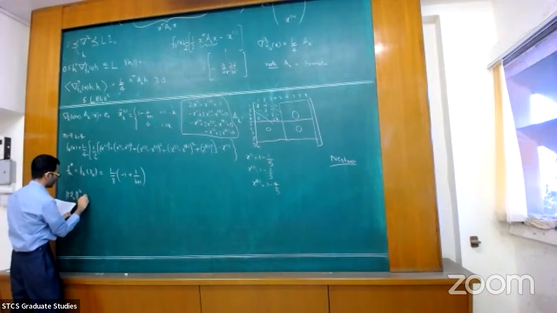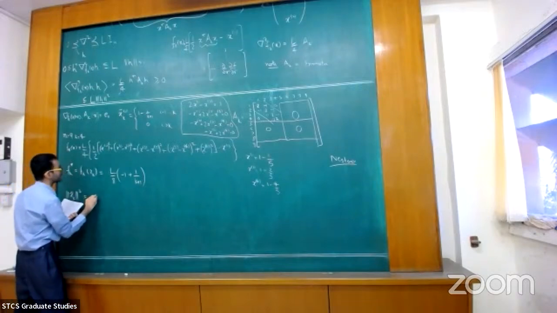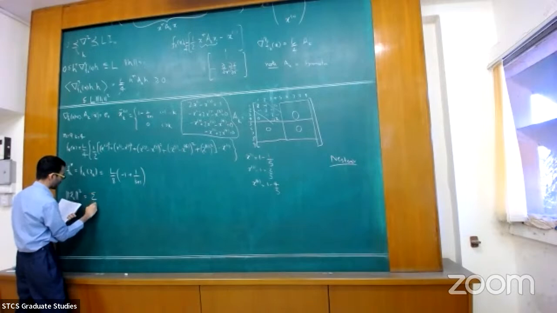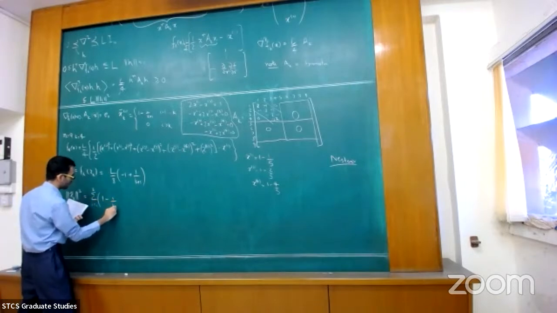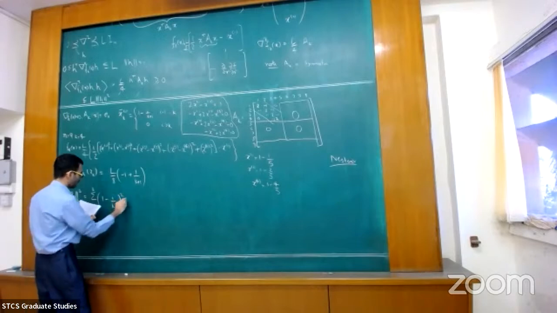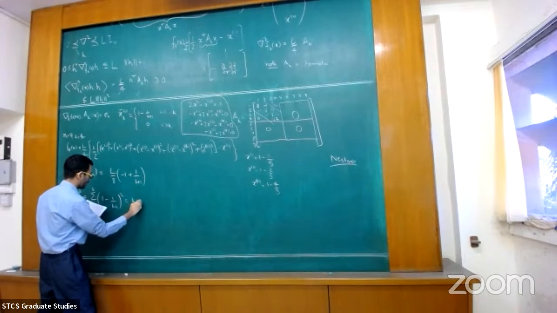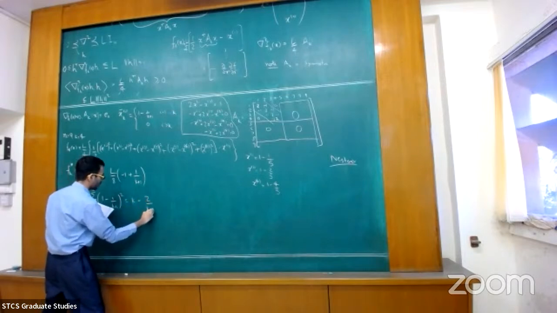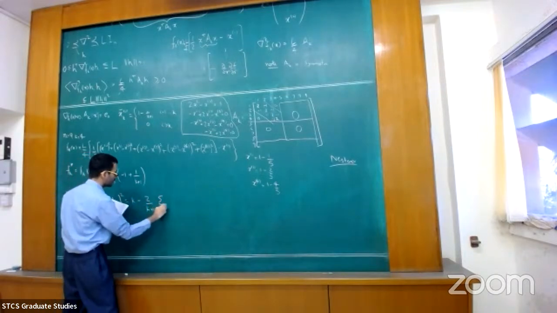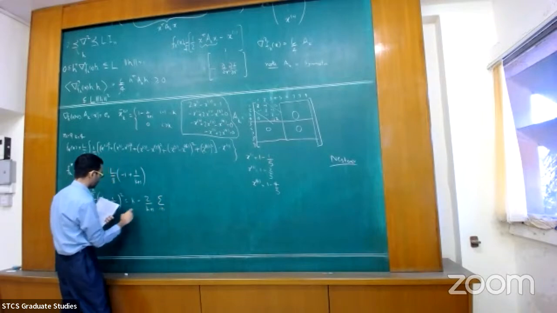So this is the summation over i from 1 to k of, minus i over k plus 1, squared. This is k minus 2 over k plus 1, and I will make the sum equal to k.